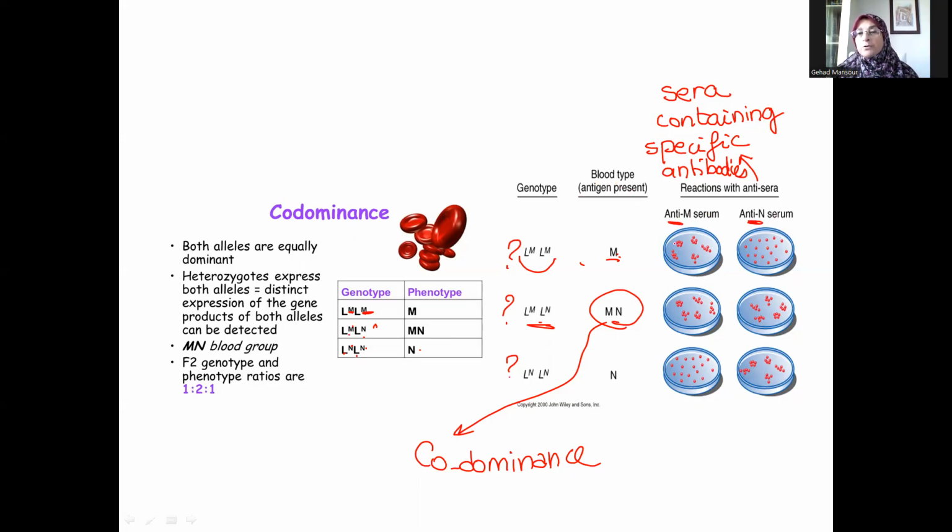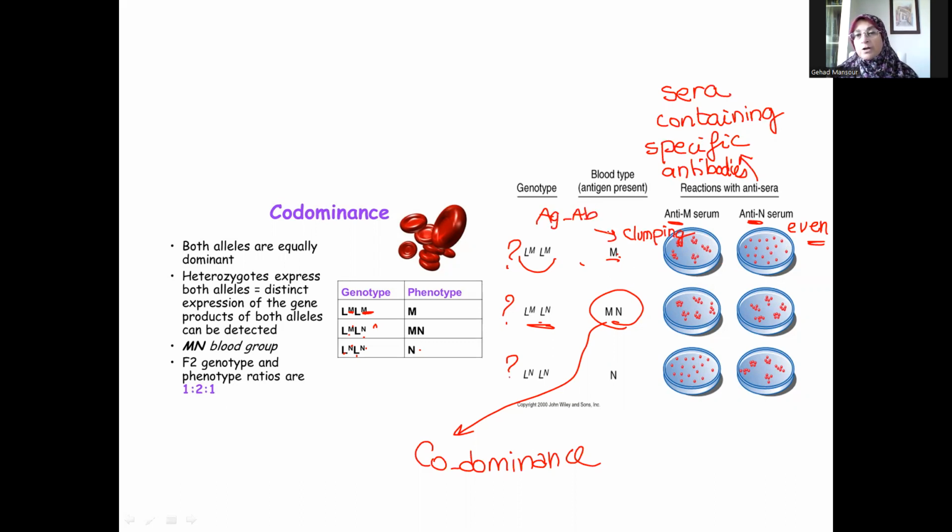If I am of blood group M, then see here, there is even distribution on the slide, but here there is clumping or agglutination. This clumping or agglutination means that an antigen-antibody reaction has occurred.